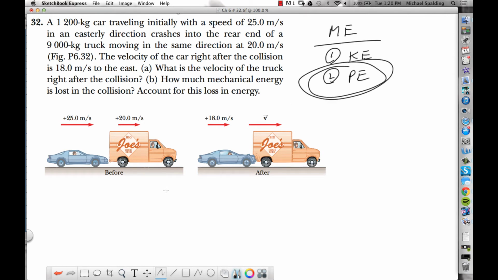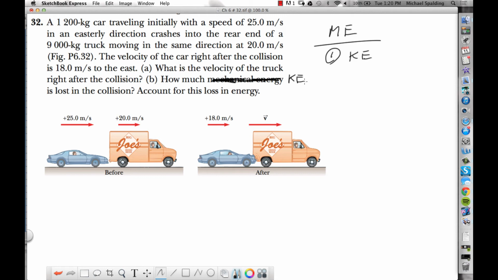No. The only time you'll have potential energy is if there's a hill or some vertical change, for MGH, or if there's a spring in the problem. So when they say how much mechanical energy is lost, they're really asking how much kinetic energy is lost.